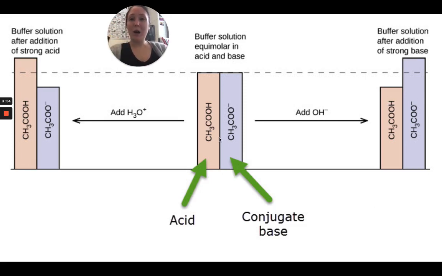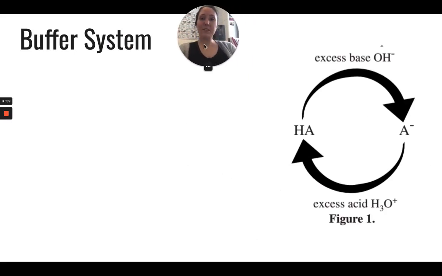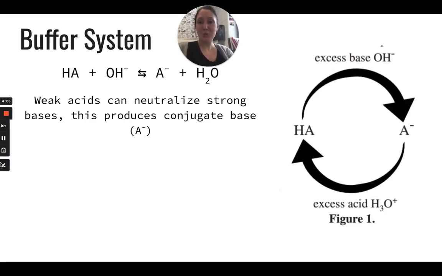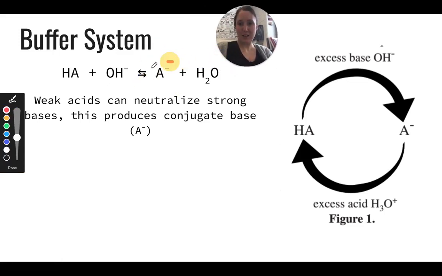So that's why a buffer works so well, because this buffer system is a cycle. I start with my weak acid, which can neutralize strong base. This will produce conjugate base, so this produces a conjugate base out of the system.